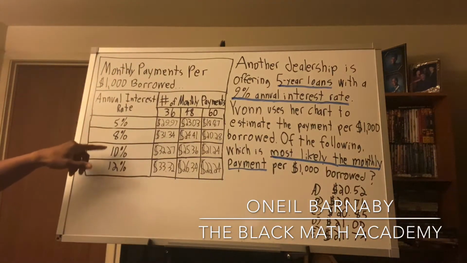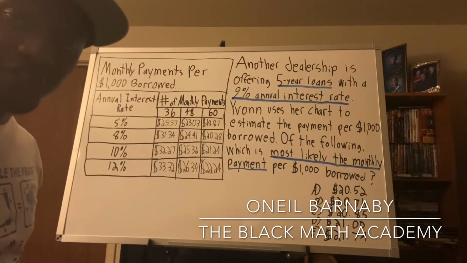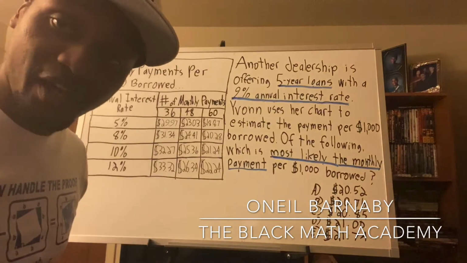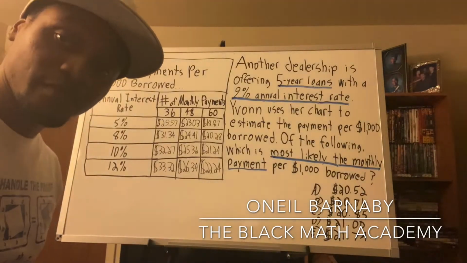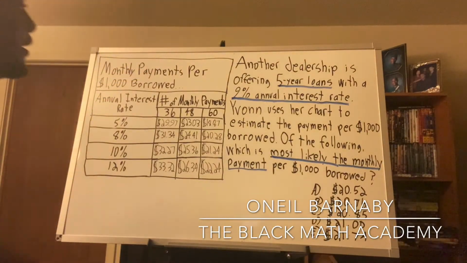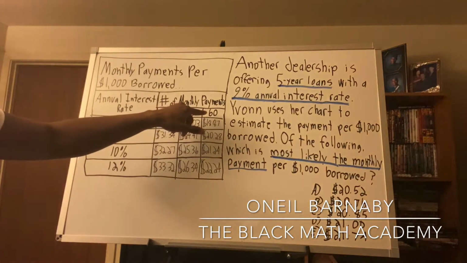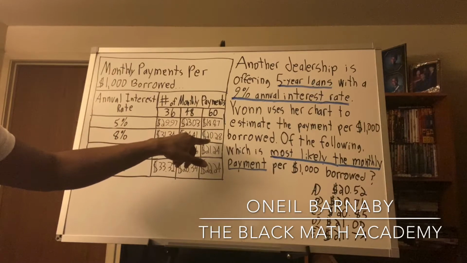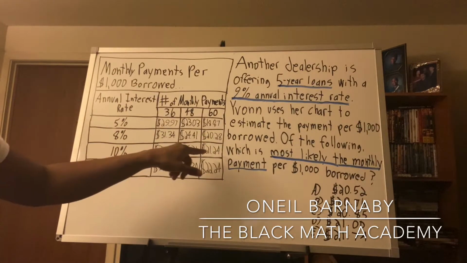If you add 8 and 10, you get 18. 18 divided by 2, because there are 2 numbers, is 9. And there's your 9%. That translates to the 60 payments that you'll be making. 8% corresponds to $20.28 a month, and 10% corresponds to $21.24 a month.